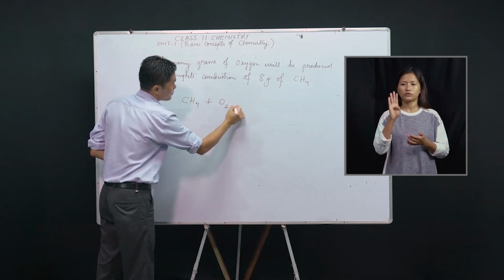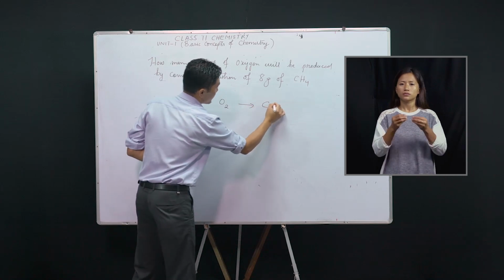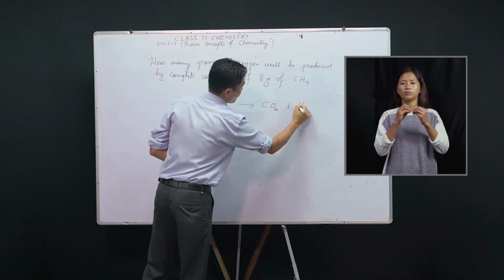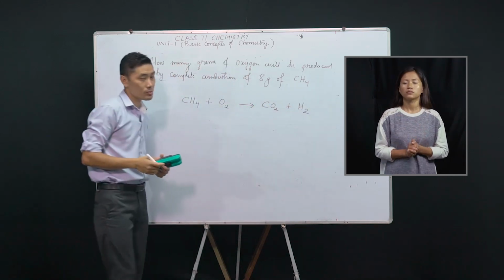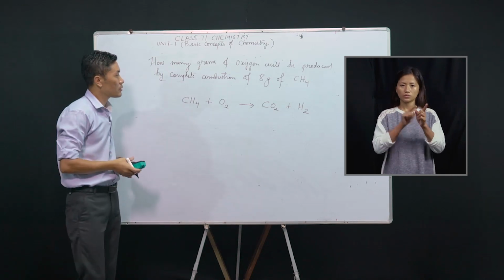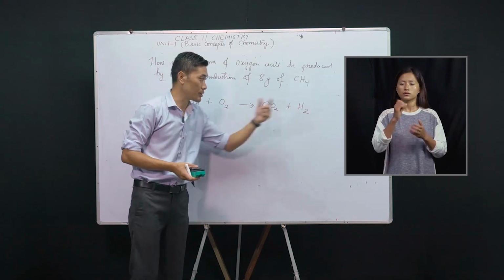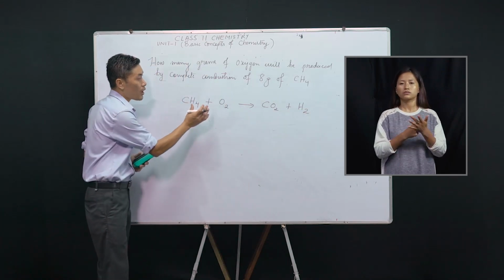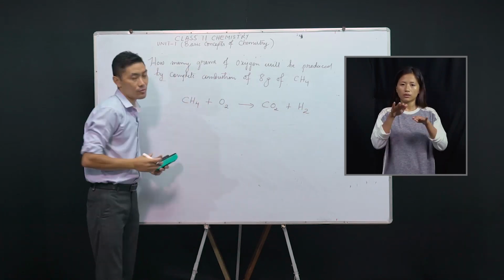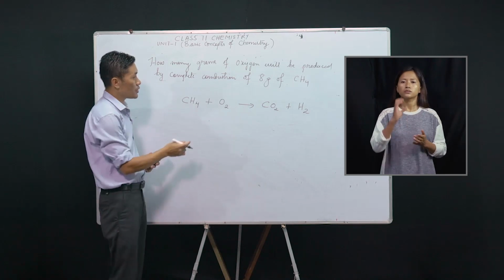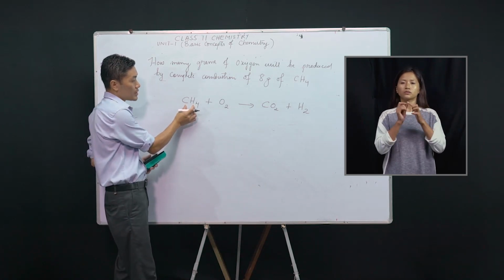reacting with oxygen to give carbon dioxide and water. Remember, when hydrocarbons are burned in air, they produce carbon dioxide and water. Now, you need to know how to write the balanced equation for these combustion reactions also. Here we have methane.